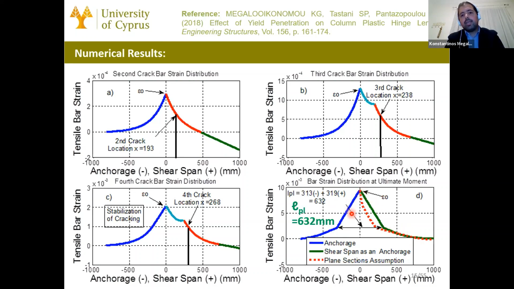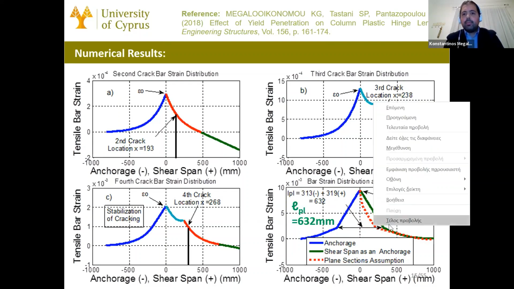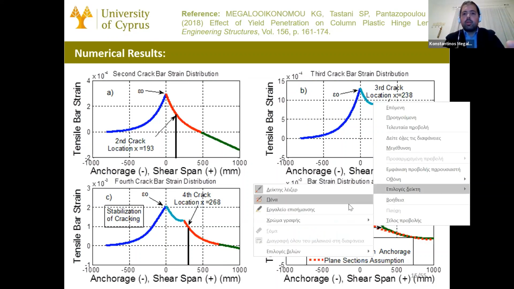So you can see that inside the plastic hinge region, the plane section assumption gives lower strain values for the bar, and doesn't capture the inelastic strains, the actual state of the bar inside the plastic hinge region.